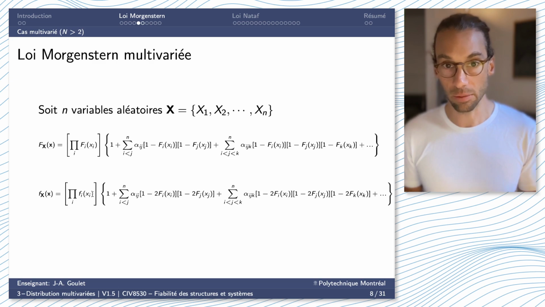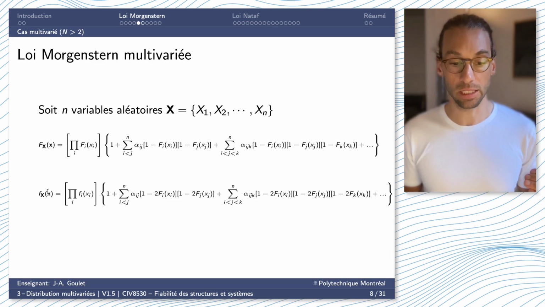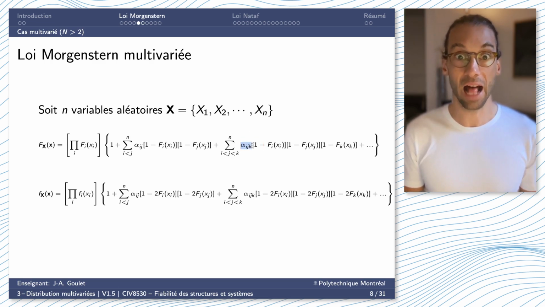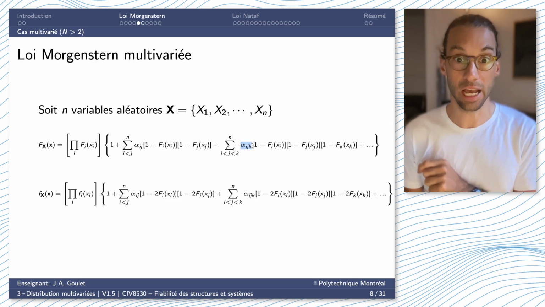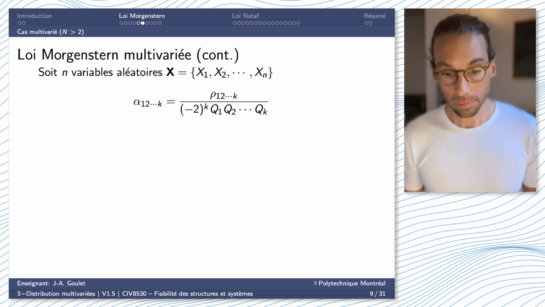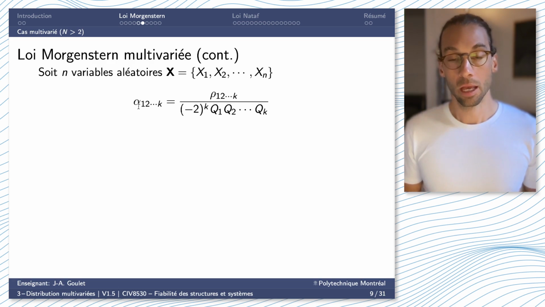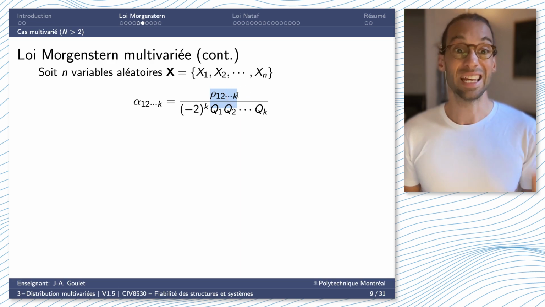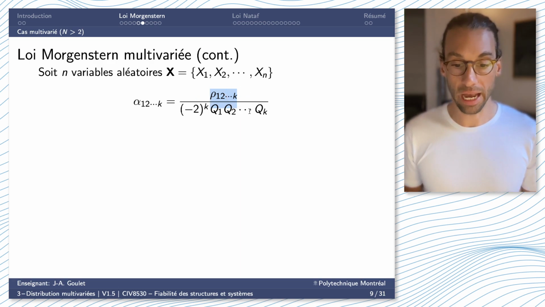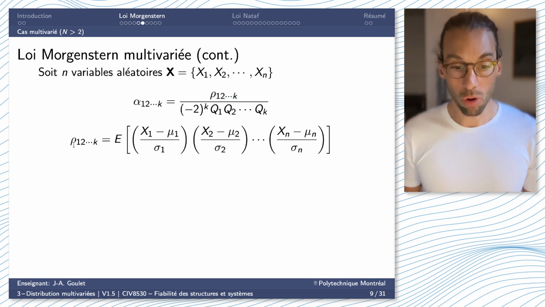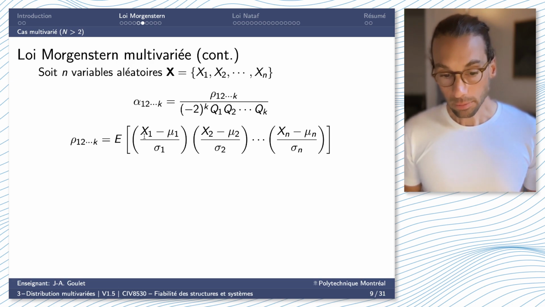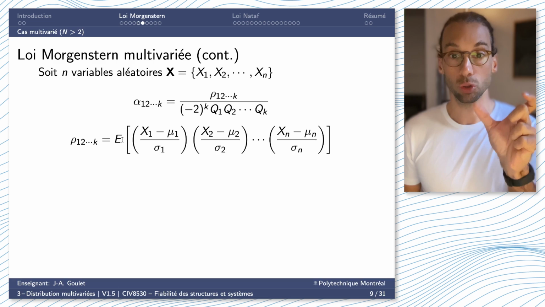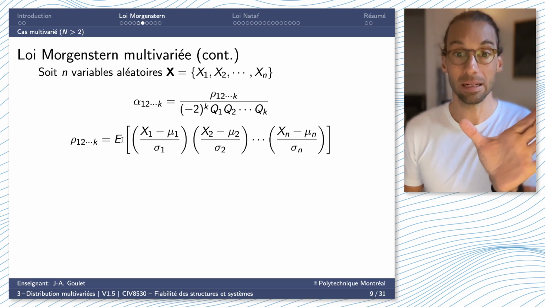It is a very similar formulation for not the CDF, but this time the PDF. But here we need to see what these terms are, the alpha ijk and ijkl, for instance. Alpha ijk is the correlation coefficient rho 1,2,3...k divided by 2 to the power k divided by the product of the qk's, where rho 1,2...k is the expected value not only for 2 terms, but for n terms.